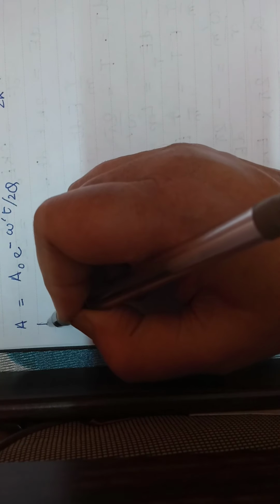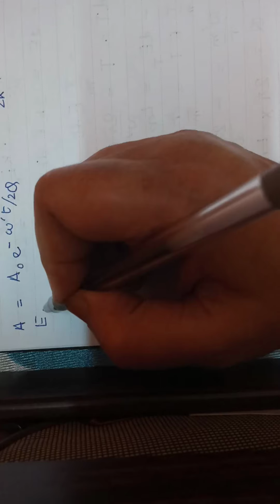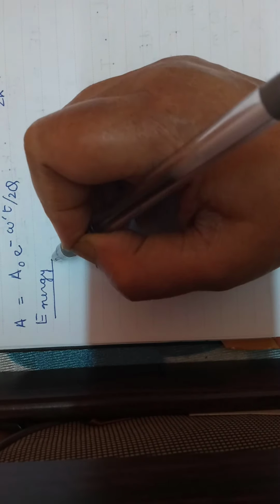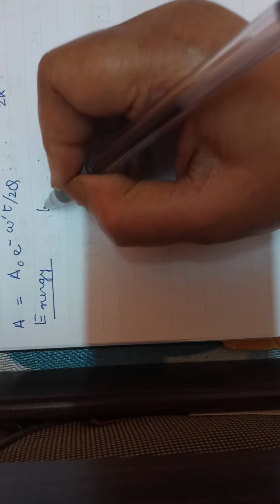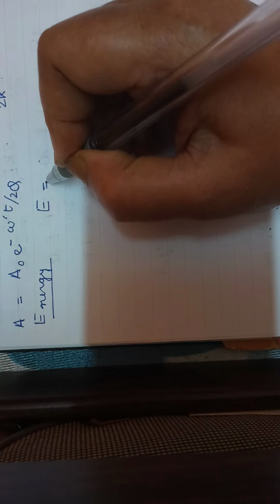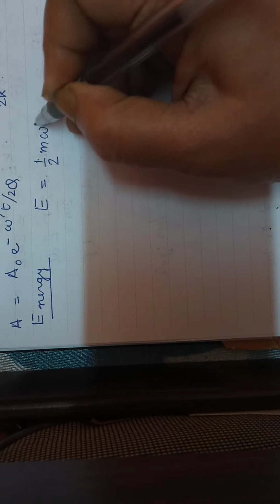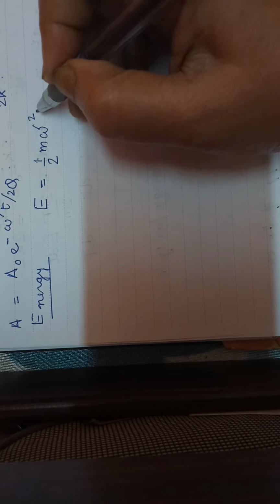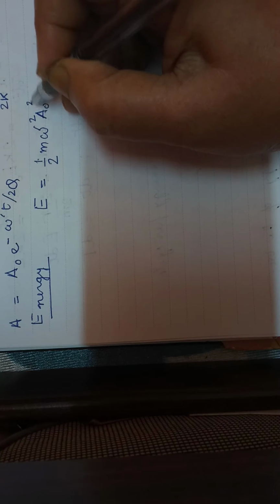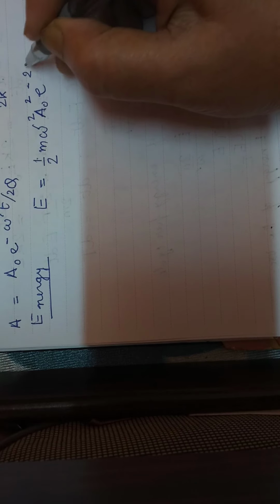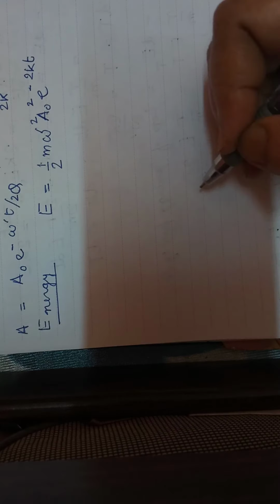So if we consider the energy, amplitude in terms of quality factor, what is the energy? E is equal to half of m omega prime square A0 square e to the power minus 2kt.